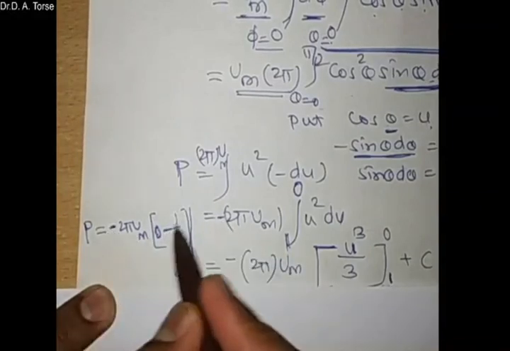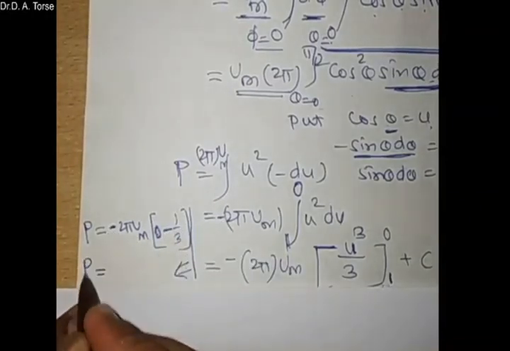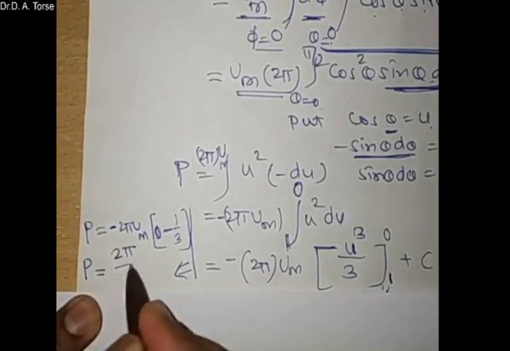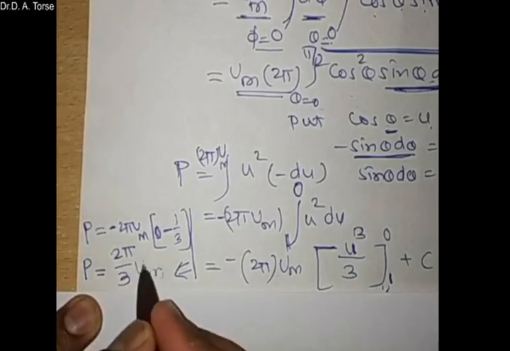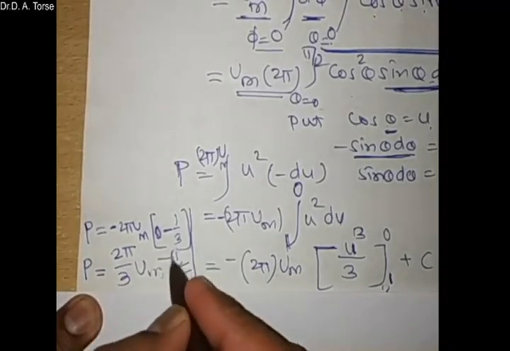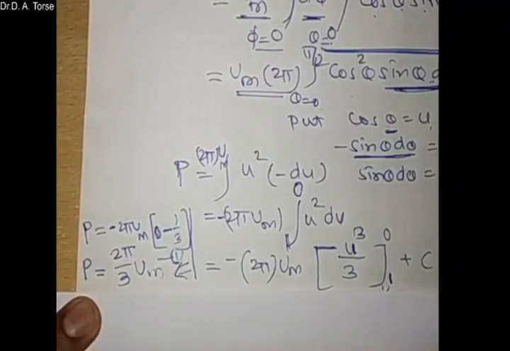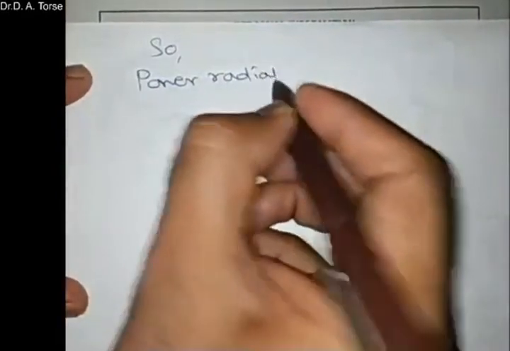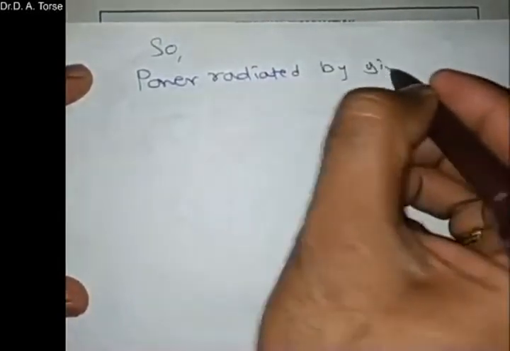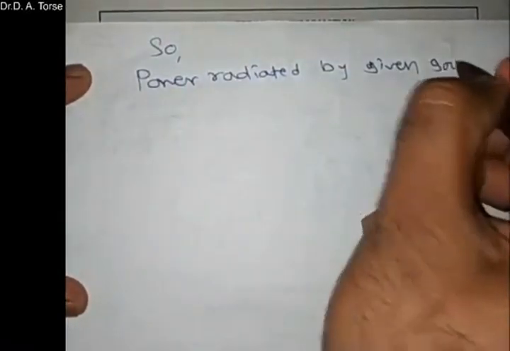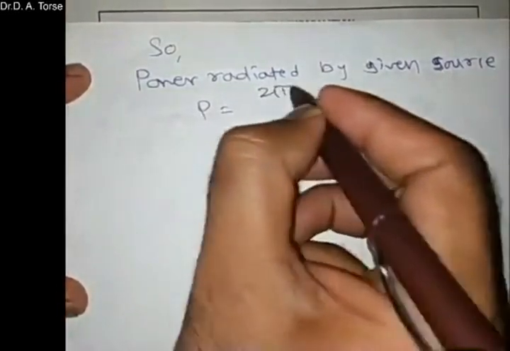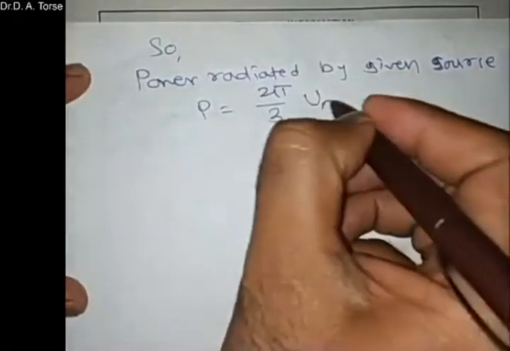So this minus and this minus 1 by 3 will become plus. So the power radiated by the given practical antenna comes to 2 pi by 3. This is our first equation we have computed from the integration. So let me write the power radiated by the given antenna is 2 pi by 3 Um.